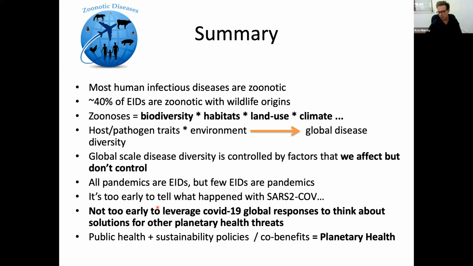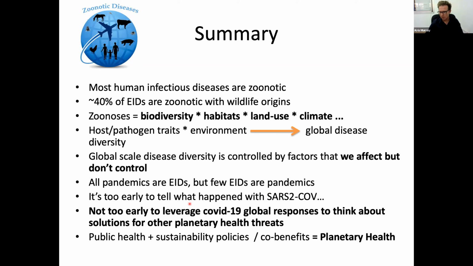And for that reason, at the moment it's still too early to tell what the role of environmental change has been in the emergence of SARS-CoV-2. Got the 2 in the wrong spot there, sorry about that. And then I guess this is the topic of the rest of the workshop. That doesn't mean that it's too early to leverage COVID-19 and the global responses and impacts that it's had to think about how we might emerge from this global health crisis in a better position to combat future health crises.